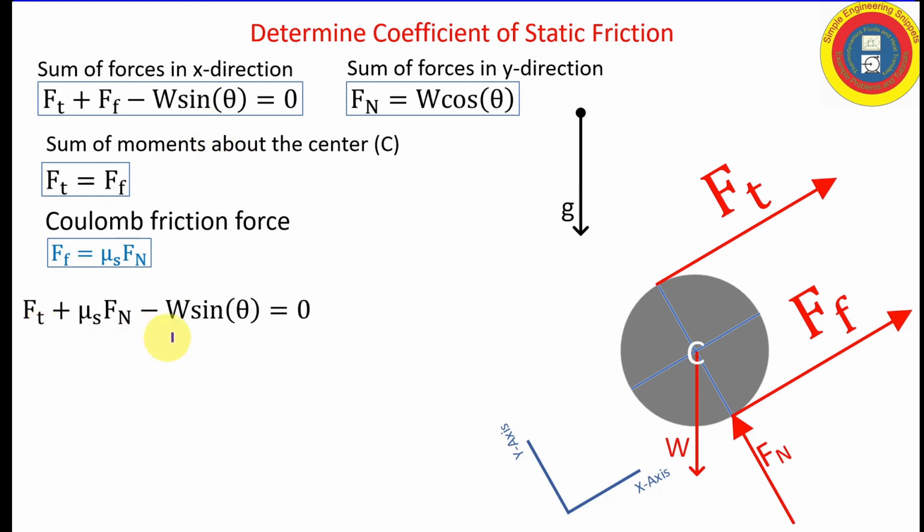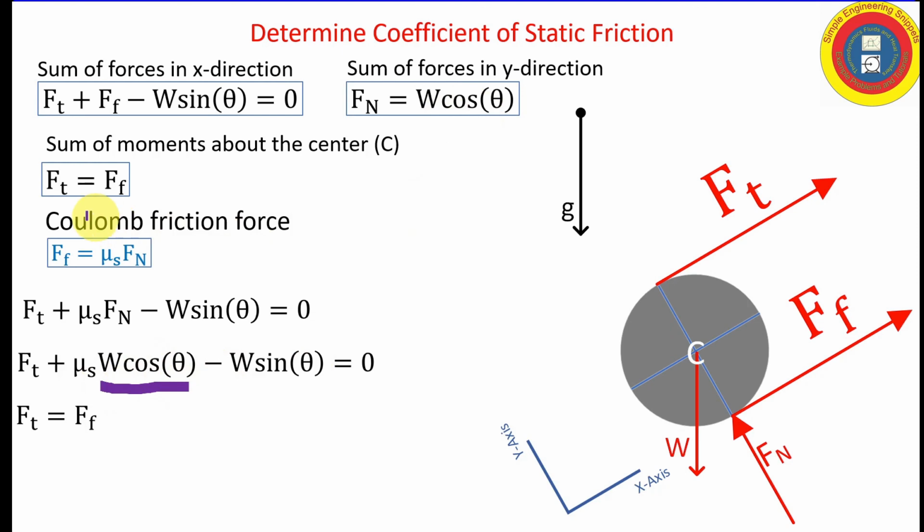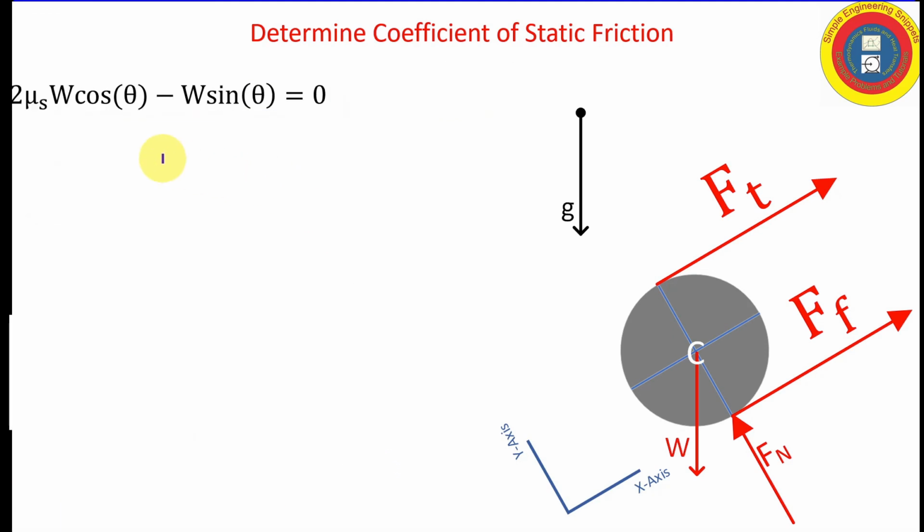In the x direction, we have that equation. And we can go ahead and substitute in the expression for our normal force. Then we can take advantage of the fact that the force due to the rope is equal to the force of the friction, and so we get this equation. We can solve for that, making note that sine theta over cosine theta is equal to tangent theta.